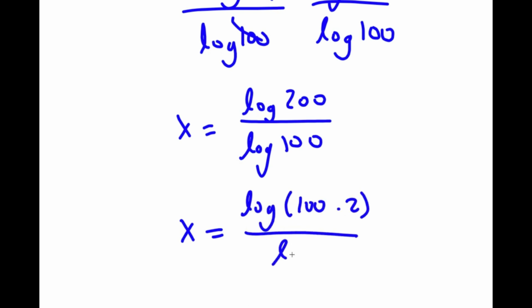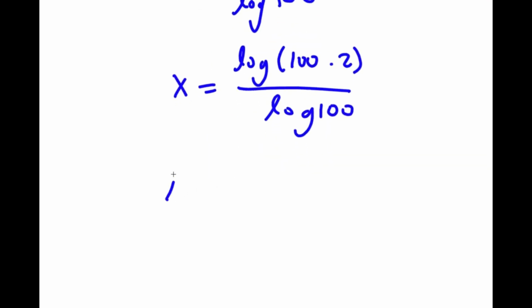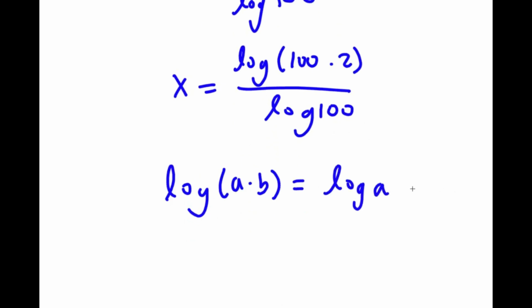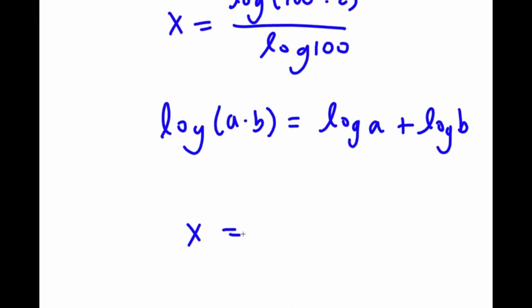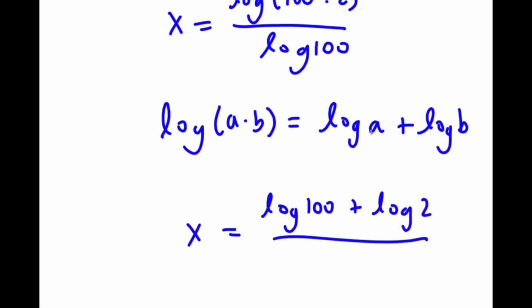Now I have this over log 100. And if I have something in the form log a times b, this is equal to log a plus log b. So log of 100 times 2, that's equal to log 100 plus log 2. And I have this over log 100.